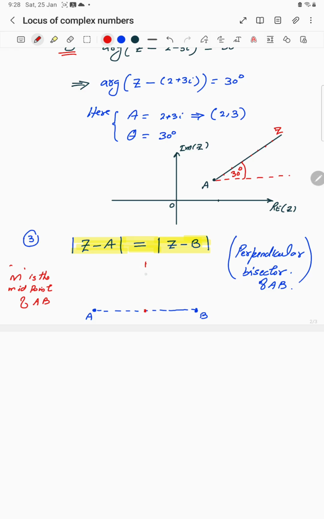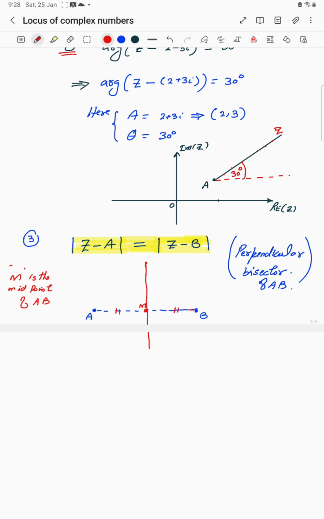We draw a line like this, and M is here. AM is the same as MB, because the line bisects AB at point M.